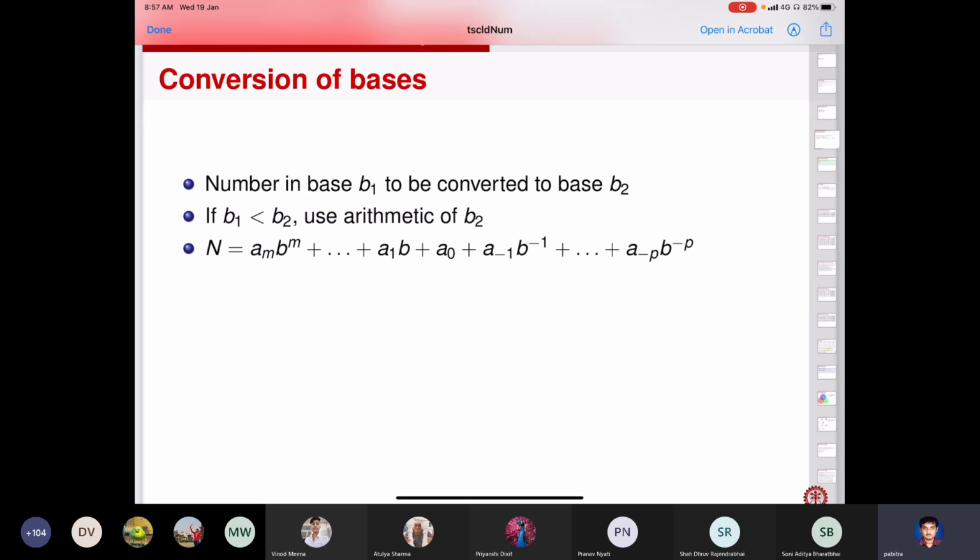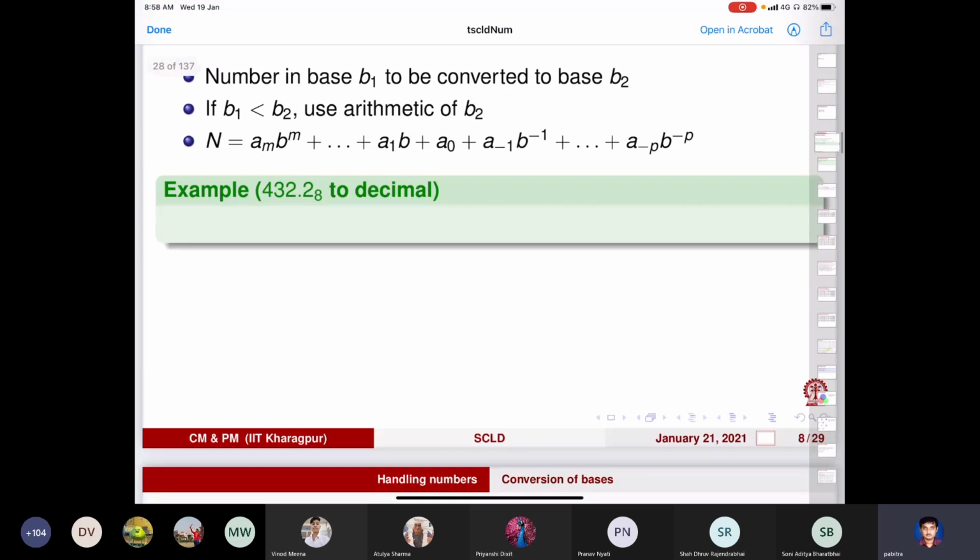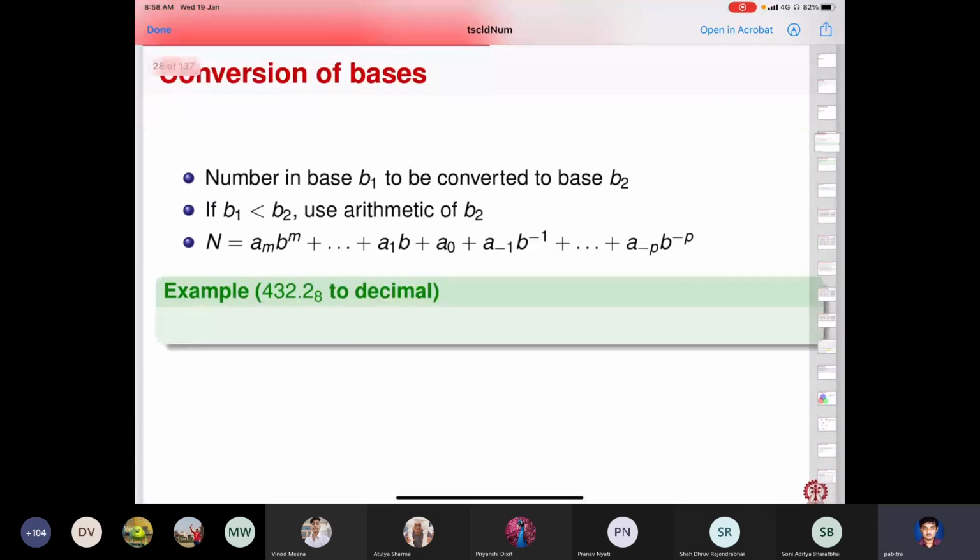If B1 is less than B2, so if you are converting from a lower base to a higher base, for example from base 2 to base 10, then for all your arithmetic you can use the B2 representation. Okay, so what does this mean?